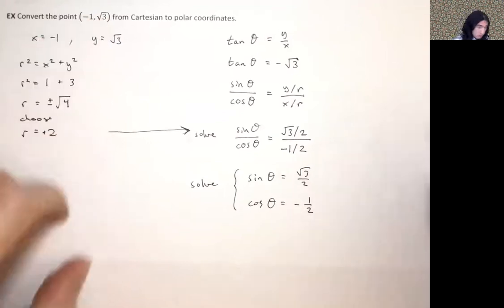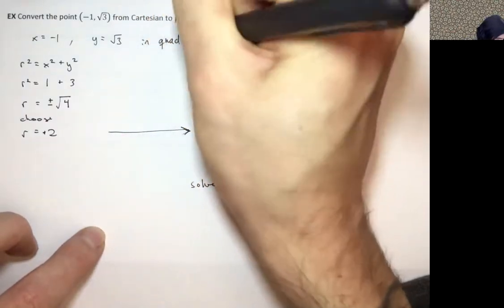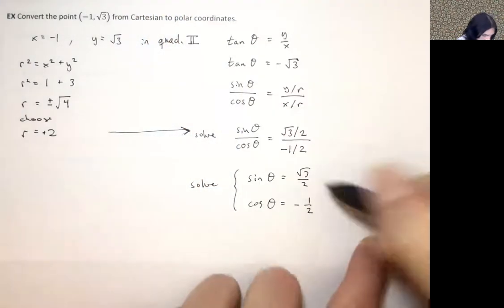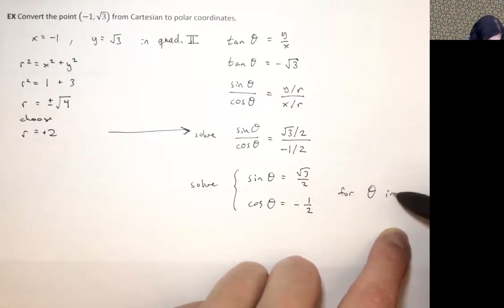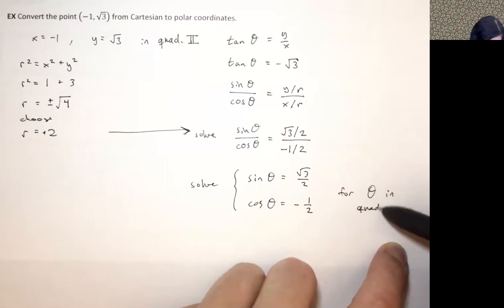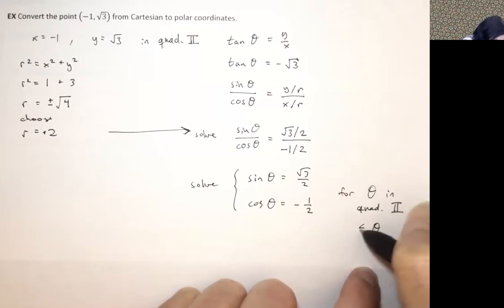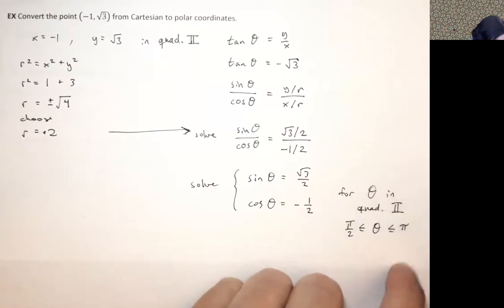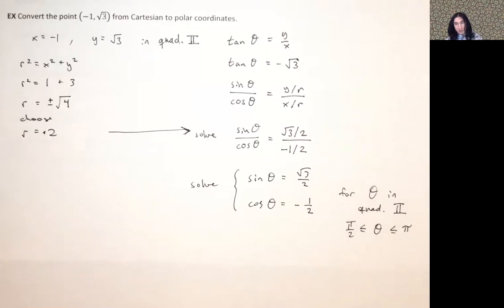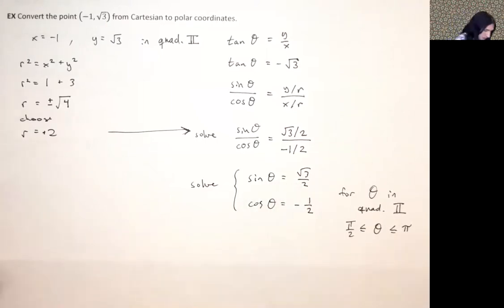So that means we're actually in quadrant 2. So that means we want to solve these for theta in quadrant 2. That would be theta being from pi over 2 up to pi.